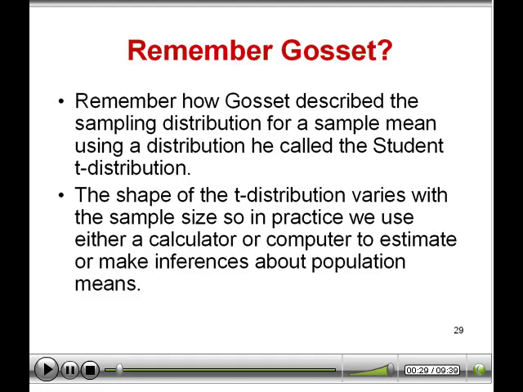You may recall from Chapter 7 how Gossett described this distribution using his now famous t-distribution. The shape of this sampling distribution varies as the sample size varies and becomes increasingly like the standard normal distribution as n approaches 30.